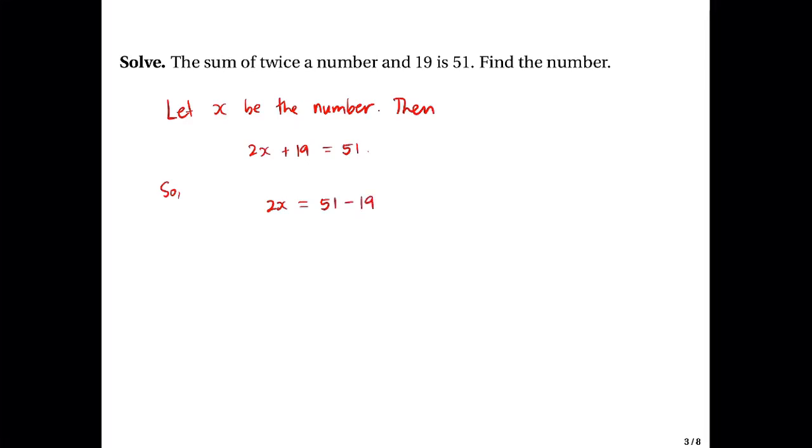Again, we transpose this 19 from the left-hand side to the right-hand side, so we have minus 19. And 51 minus 19 is equal to 32.